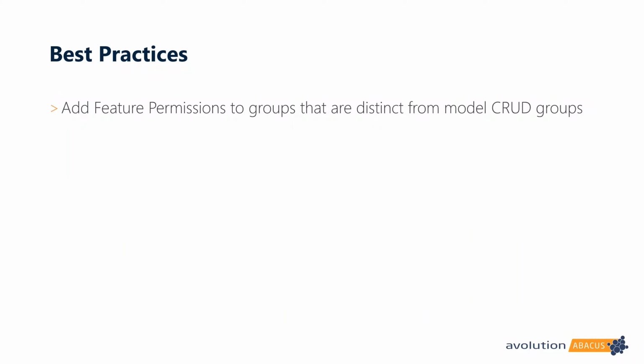So we have some groups that are set up for setting up those model create, read, update, delete permissions, and different groups that are set up to enable certain feature permissions. And this generally is going to shake out to be one feature permission per group so that we can be really specific in what we are enabling for our users.